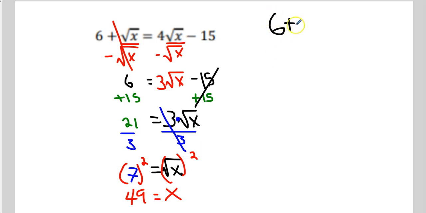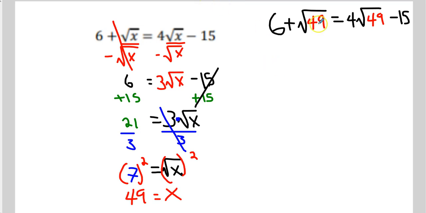So we get 6 plus square root of 49 is equal to 4 times the square root of 49 minus 15. Just plugging it back in.